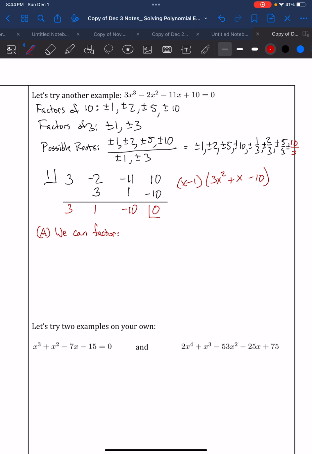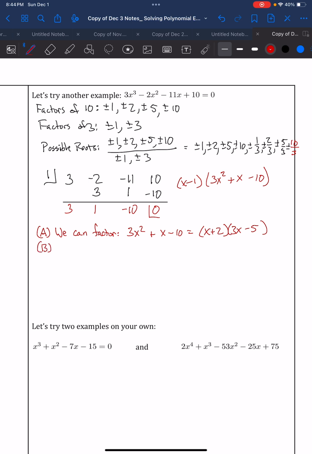I'm looking at this and I can tell that 3x squared plus x minus 10 is equal to x plus 2 times 3x minus 5. So that's one way when we get that quadratic. We can just factor it, and we'll have x minus 1 times x plus 2 times 3x minus 5.